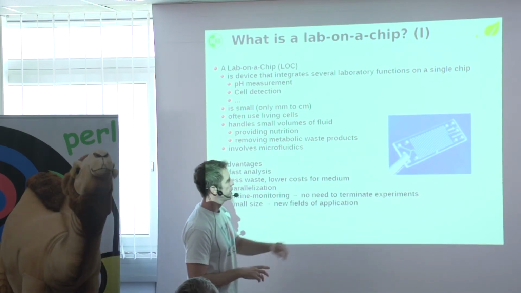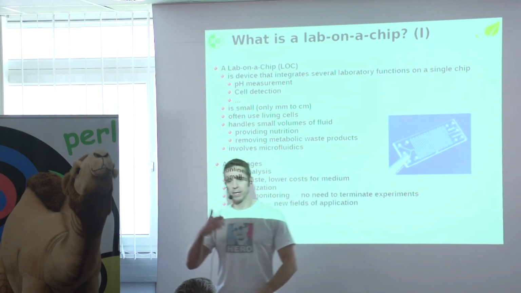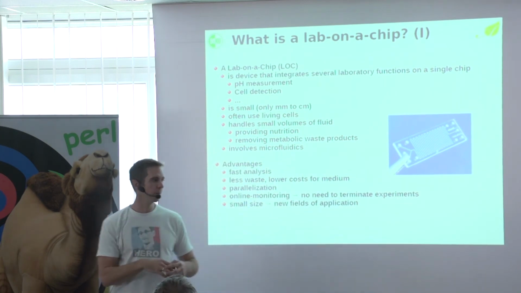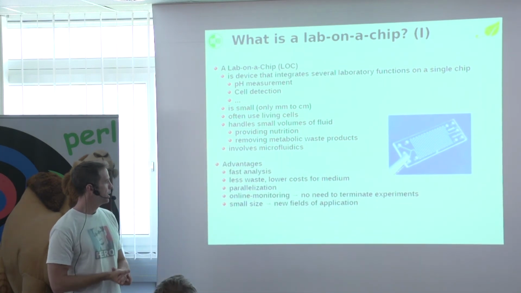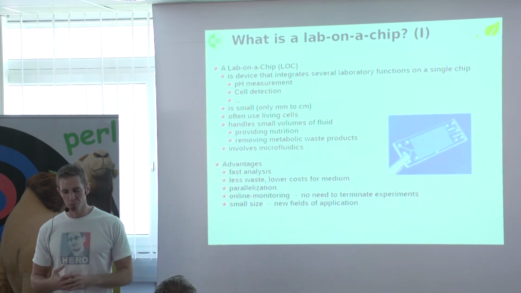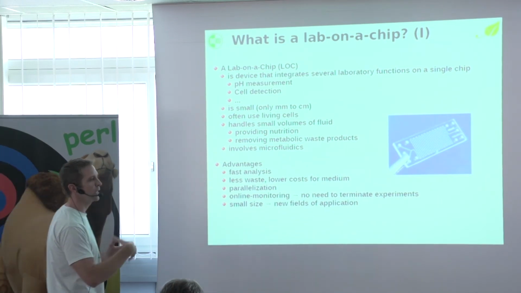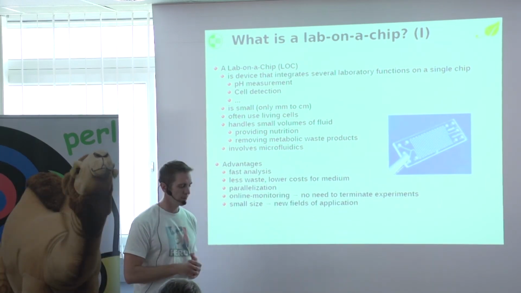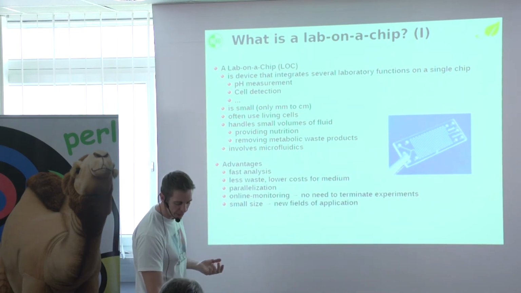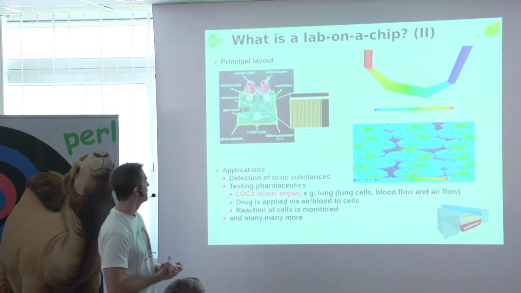Then parallelization. So even on such a chip, we can have many of those experiments in parallel with the same environment. We can do online monitoring. Very often in biology, you have to stop or terminate your experiment, kill the cells to get any data from them. This is not necessary here, and it's very small, so there are many different applications we can think of.